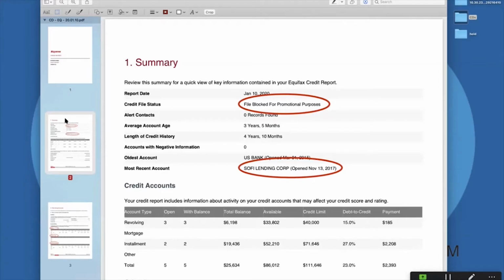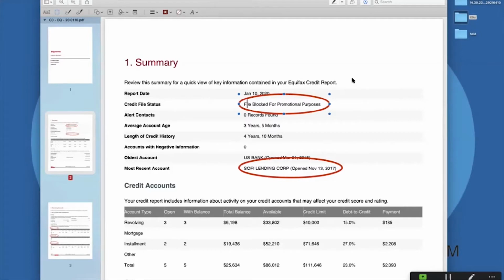If you have gone through the exercise we did in protecting your identity, we did a whole episode on that, notice it says file blocked for promotional purposes. So this is one of those great things that tells us that I have opted out of the credit bureau mailings, and it is represented here on Equifax. So we want to make sure the credit file status says that.